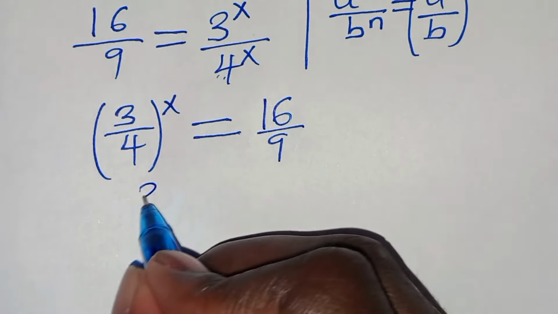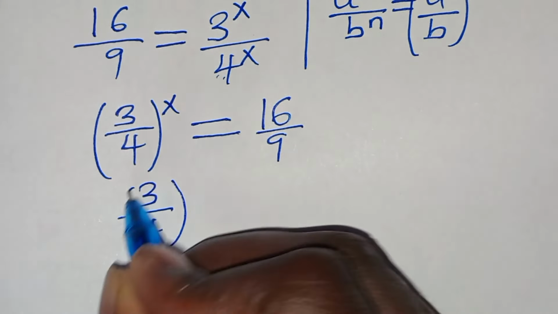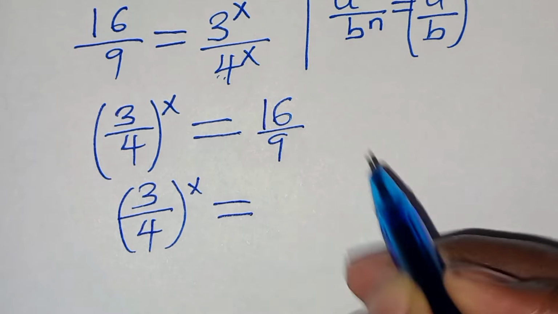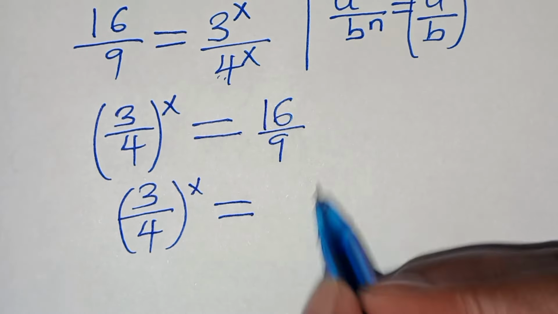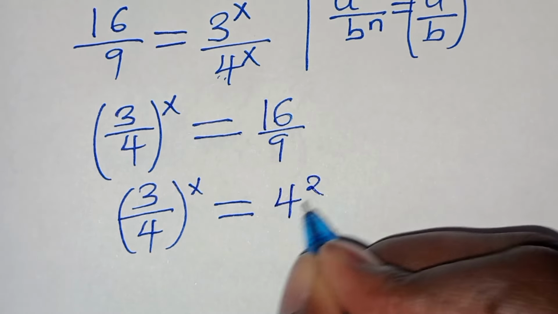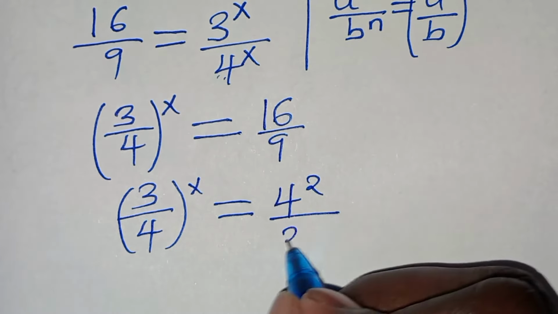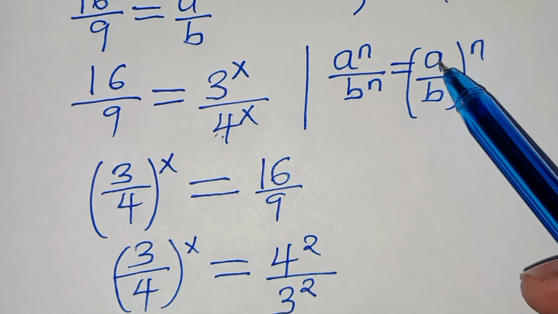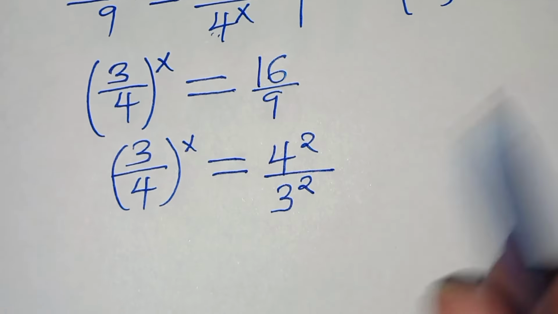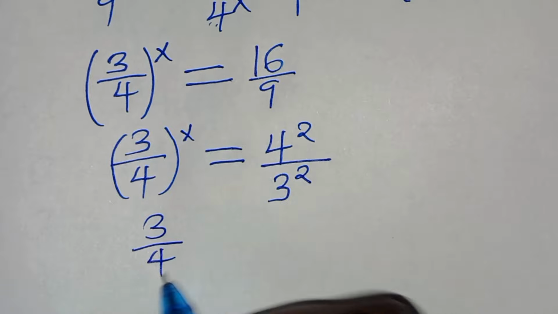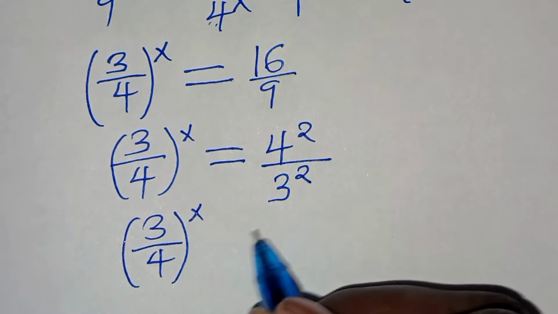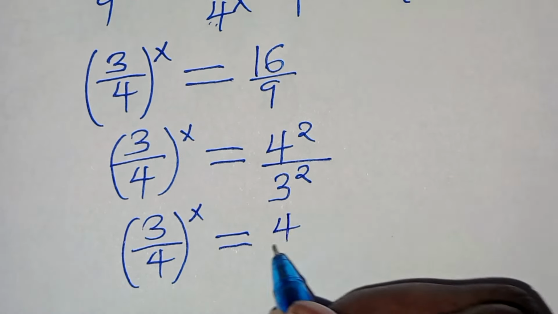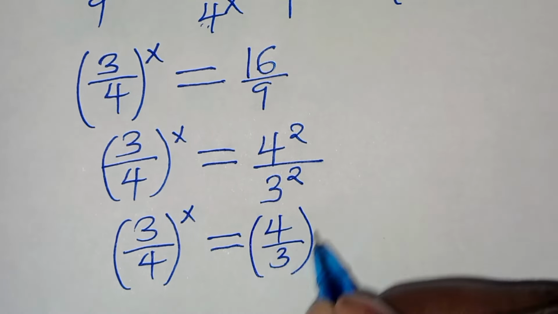Remember, 16 is 4 to the power of 2 divided by 9, which is 3 to the power of 2. So we can express this in this form, so that now 3 over 4 raised to the power of x is equal to 4 over 3 raised to the power of 2.